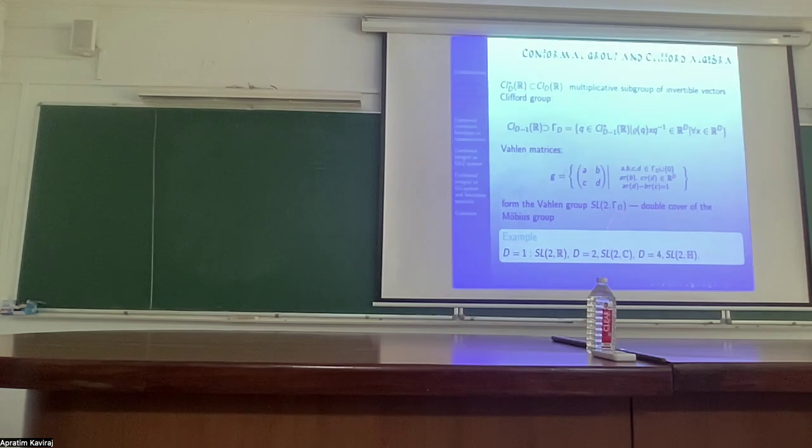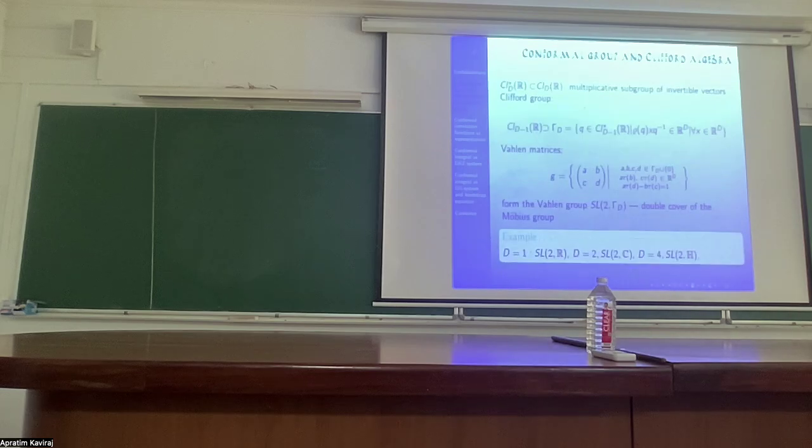Well, that's SL2C, which is the double cover of the rotation. Yeah, let's put it that way. In some sense, probably I should write a double cover of the conformal group in terms of the orthogonal transformations. Yeah, that's right. Sorry for this. This is the double cover of the orthogonal group that I talked about.